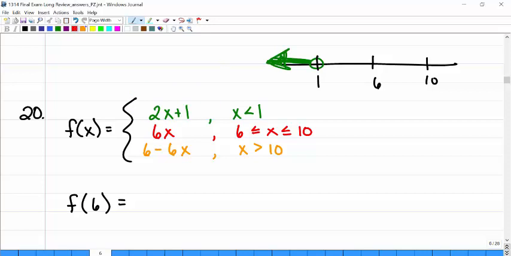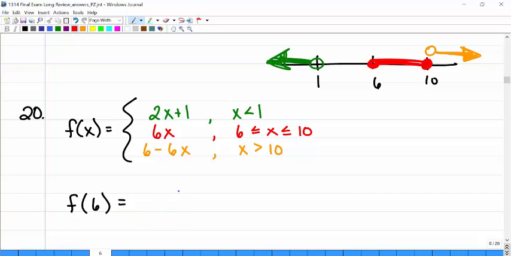I have a rule that says how it's defined for all values between 6 and 10 inclusive, and that's given by the red. And I also have a rule that defines it for x's bigger than 10, so over here. And that's the orange.